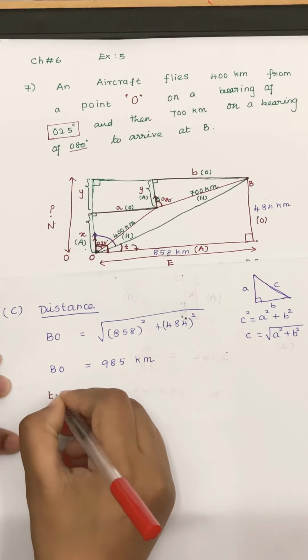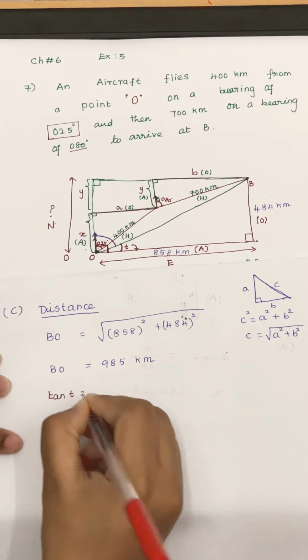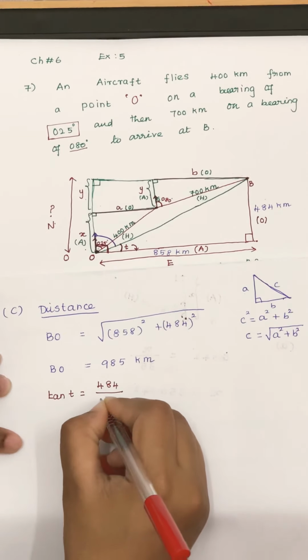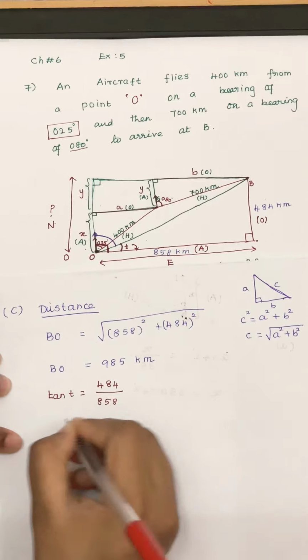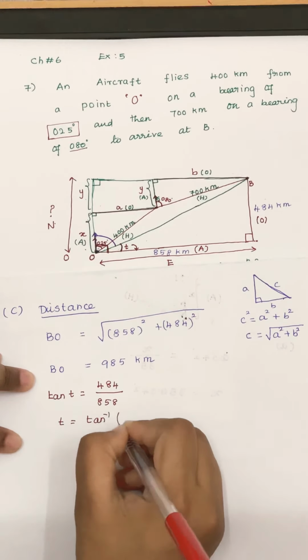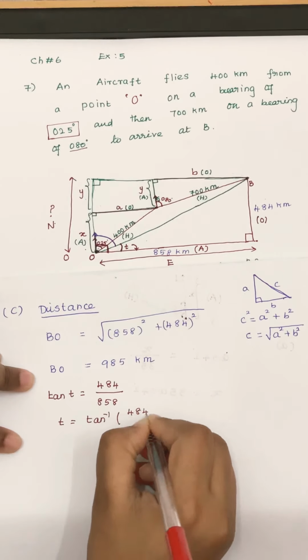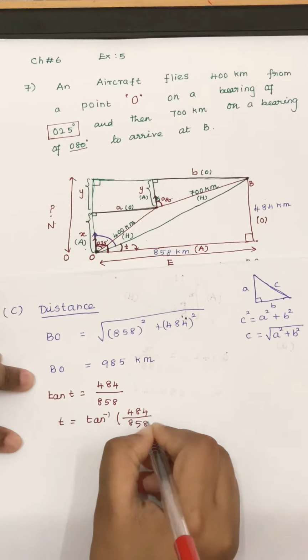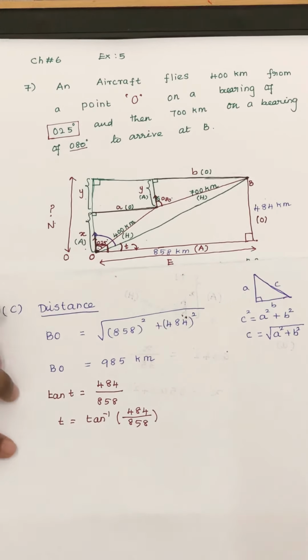Tan function. So tan T equals 484 over 858. So T equals tan inverse of 484 over 858. Please plug it into your calculator as a fraction. Okay, I found my T here.